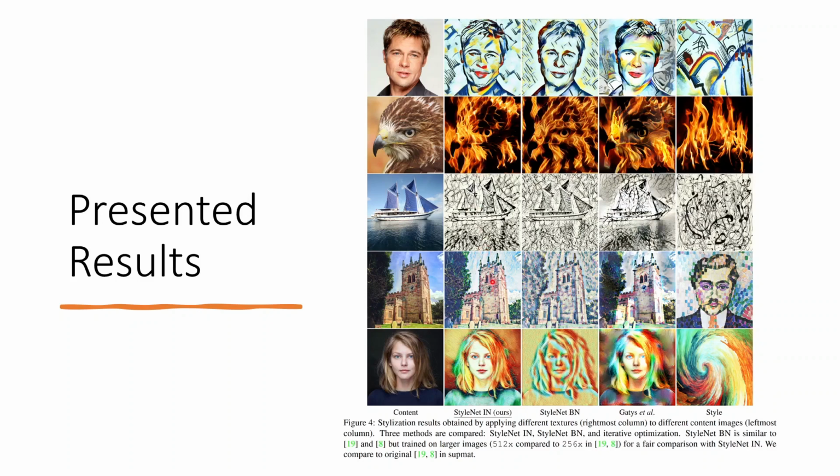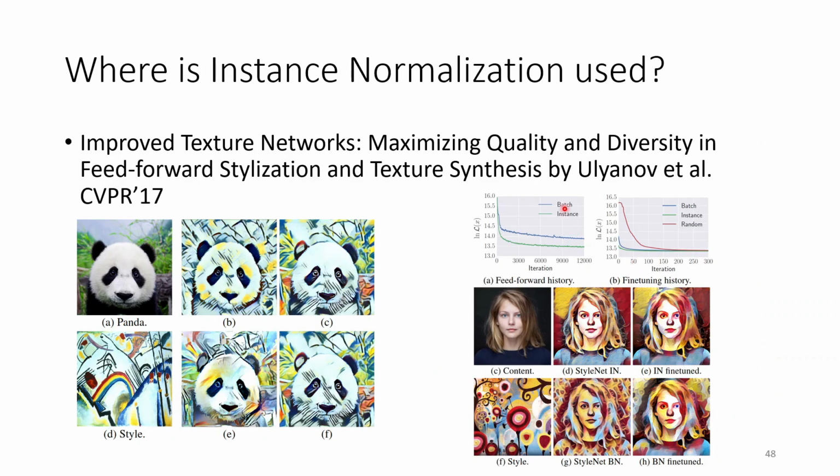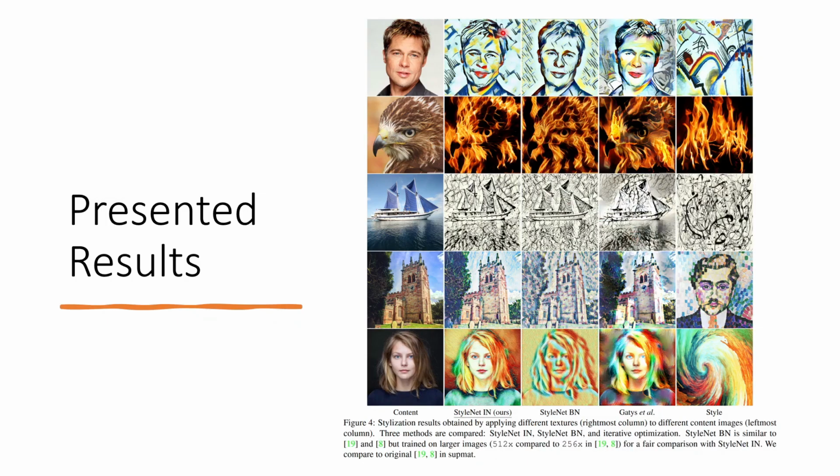The second column is their method. And the third column is also their method, but using batch normalization. So if you see the quantitative comparison, instance normalization is better than batch normalization. If you see the qualitative comparison, they claim instance normalization is also better than batch normalization.